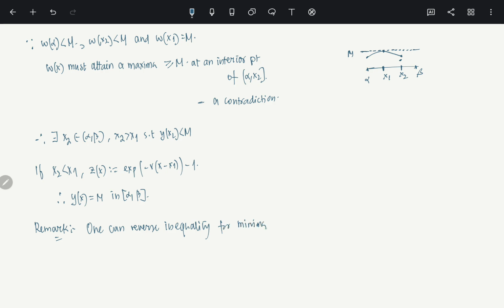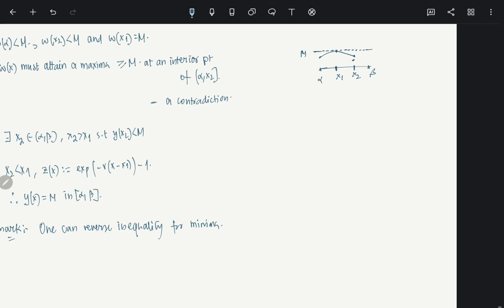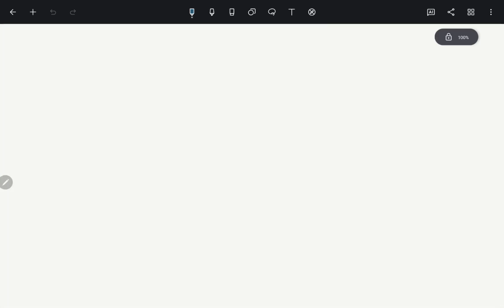If you have a y which is C2 such that y double prime is less than or equal to 0, then it will not be attaining its minima at an interior point, and if it does, then it has to be constant. Is this okay? Now we are going to use this and look at some equations.